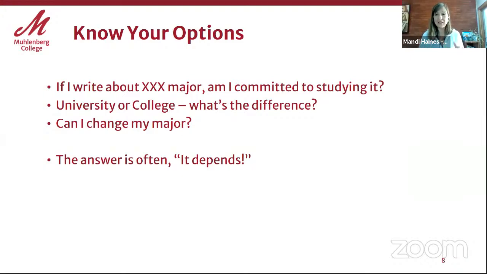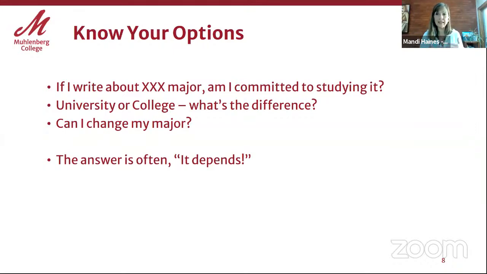When you are applying to a university, universities will have colleges or programs within the university. So there might be a college of engineering, a college of business, a college of arts and sciences. And within these colleges, there are different majors that fall in that area. So when you are applying to a university, you are applying to one of those colleges. And there's less flexibility overall.